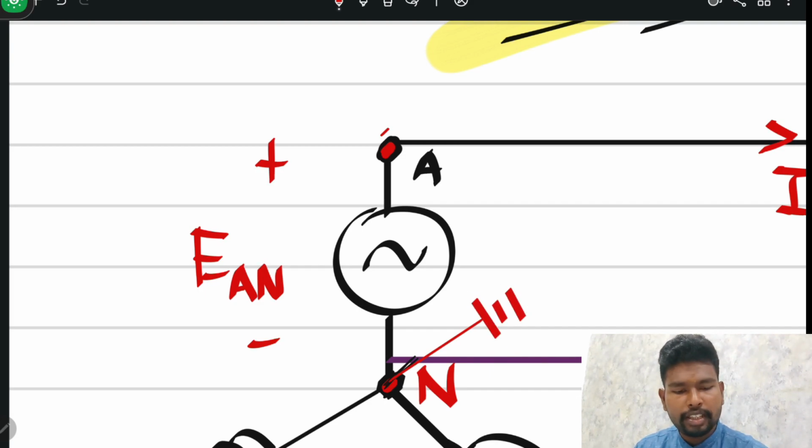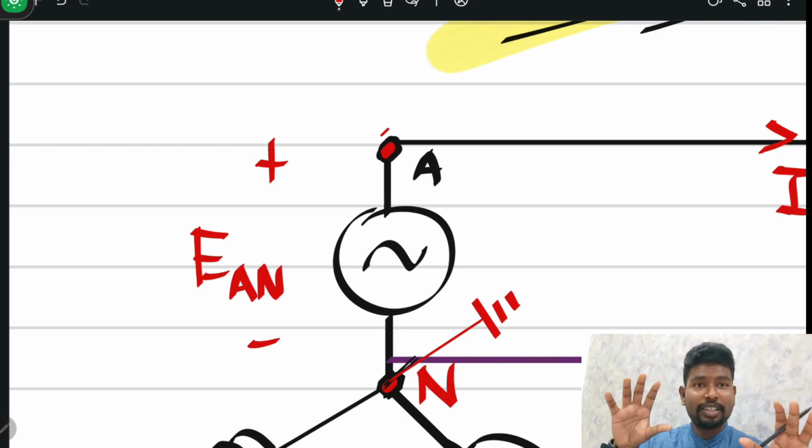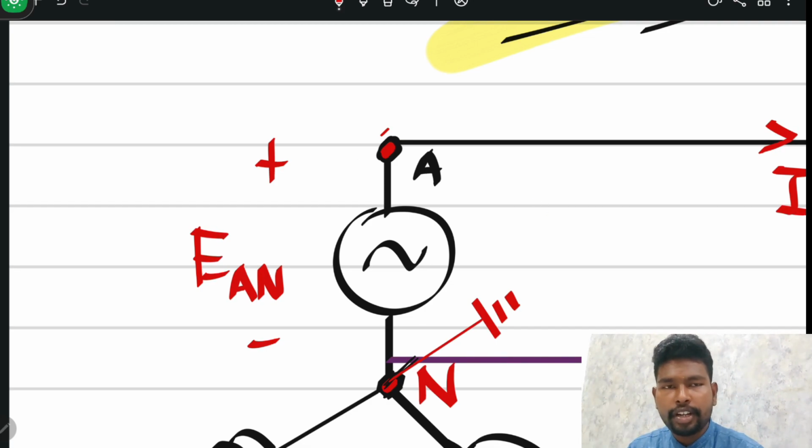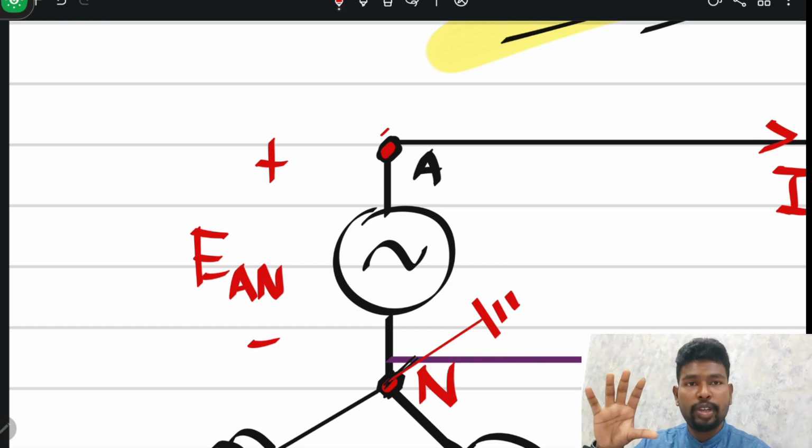So when there is a ground connected to a load or a supply, this produces a voltage difference, a potential difference. Therefore, the potential difference between A and N is AN across the supply. Here we use the alphabet E for the potential difference at the supply. We use capital E.